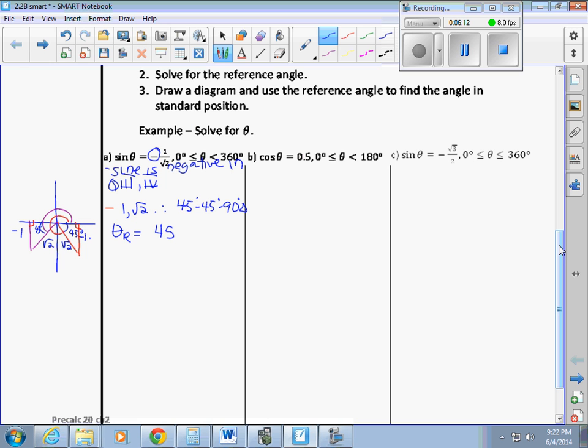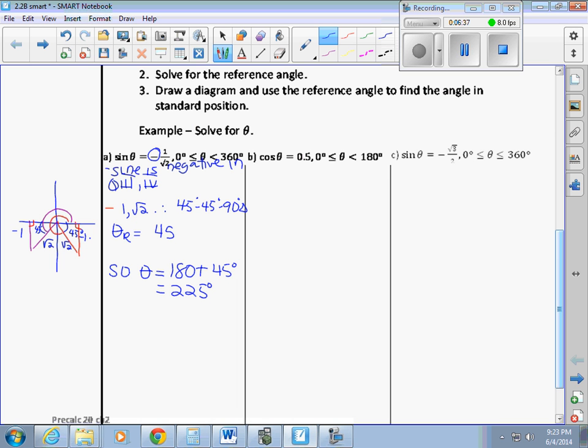So in quadrant 3, to find my angle in quadrant 3, it's going to be 180 degrees plus my 45, so that'll be 225 degrees.